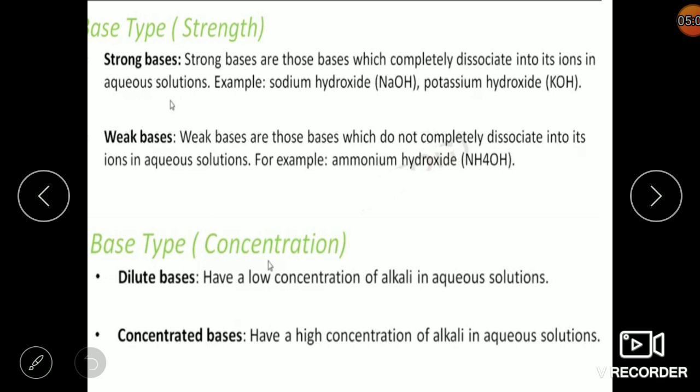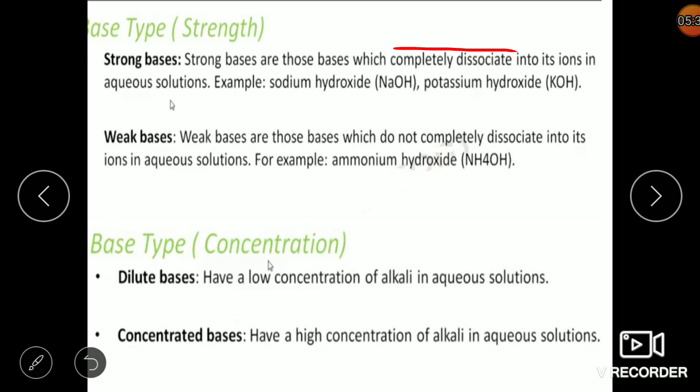Now let's see how we can classify the base as per the strength. So two types of base we get. One is strong base, another is weak base. Strong bases are those bases which completely dissociate into its ions in aqueous solution. Remember the word completely dissociate.